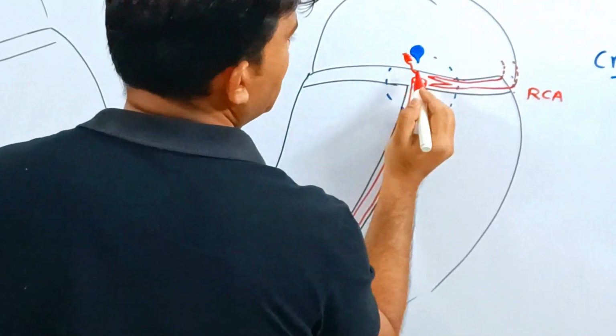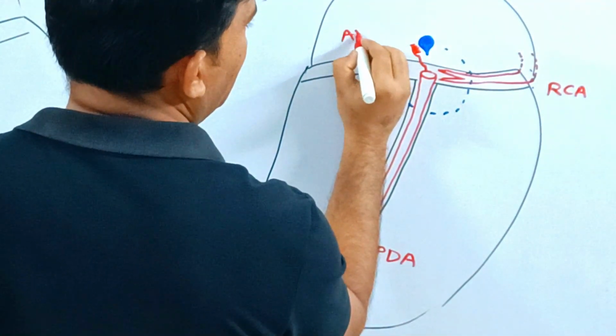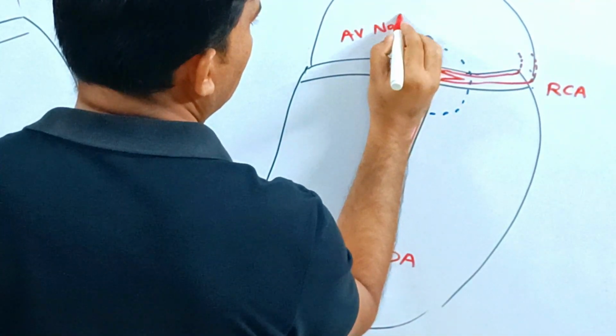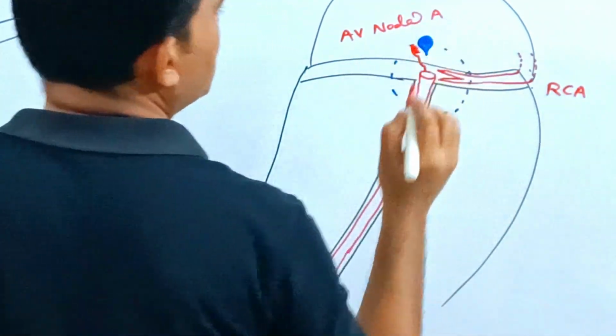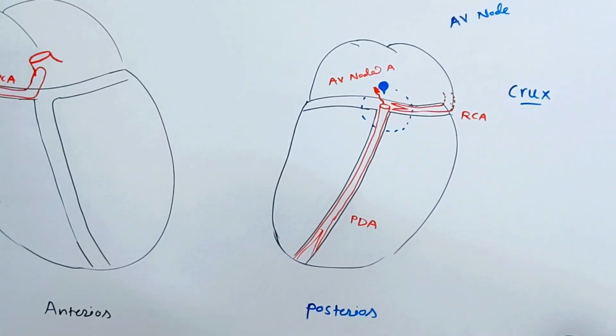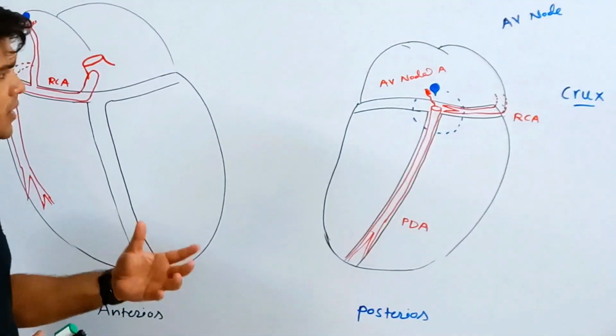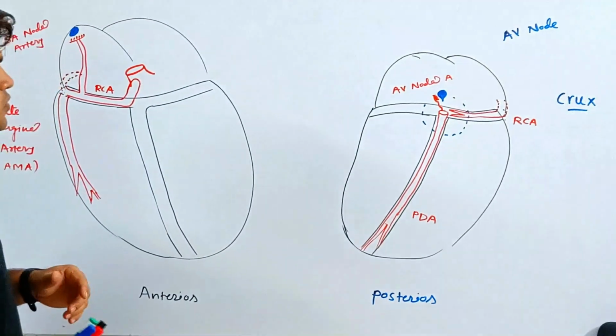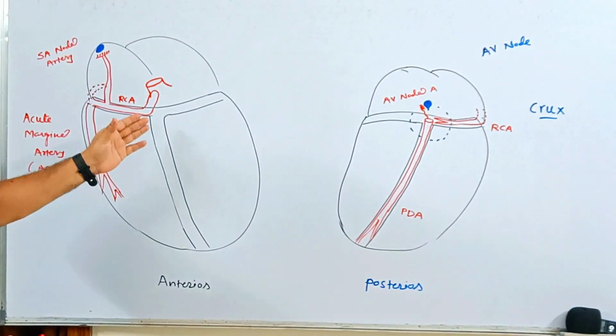What should be the name of this artery? AV nodal artery. So there is clinical significance. But before discussing the clinical scenario, should we discuss the left coronary artery?